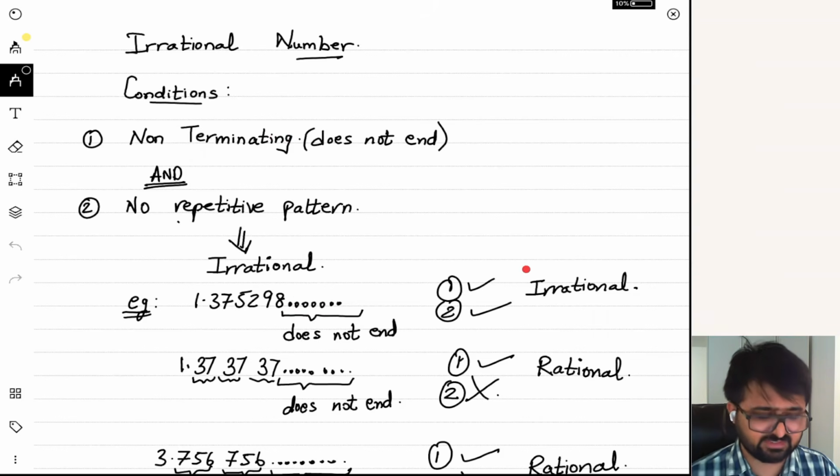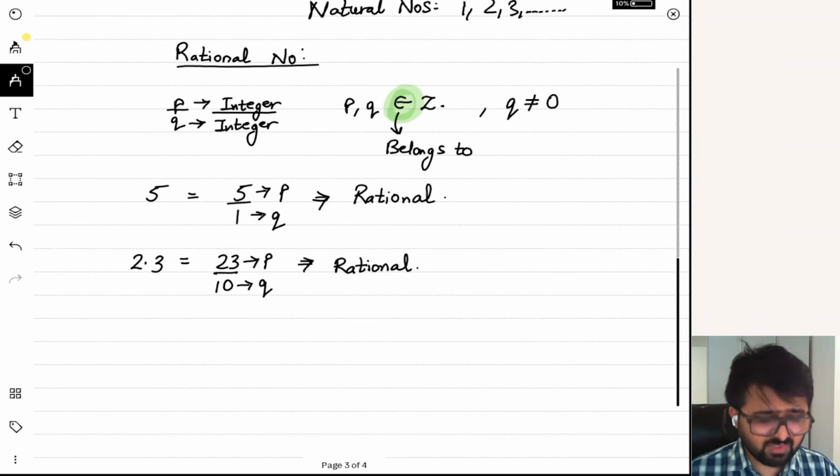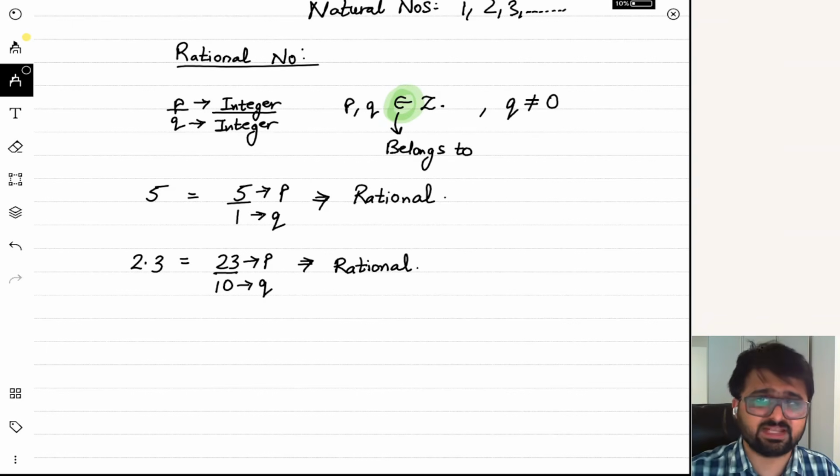We learned this a few minutes back. Remember that any number which is not an irrational number is automatically a rational number. That was the reason we did irrational numbers first. If it's not an irrational number, it is for sure a rational number.